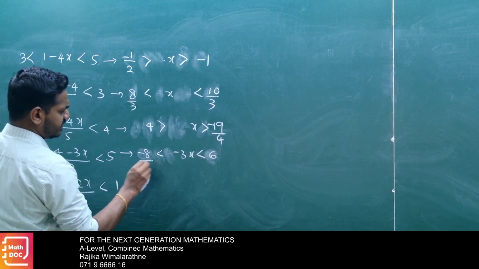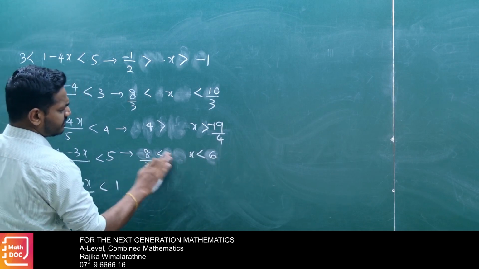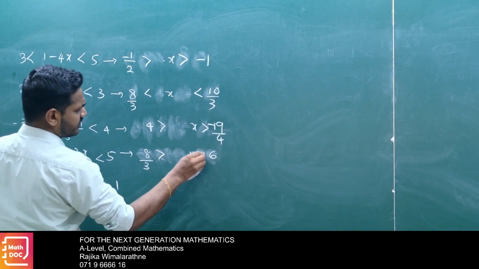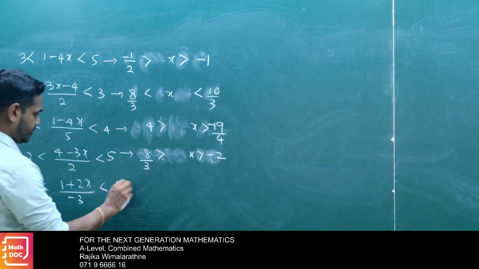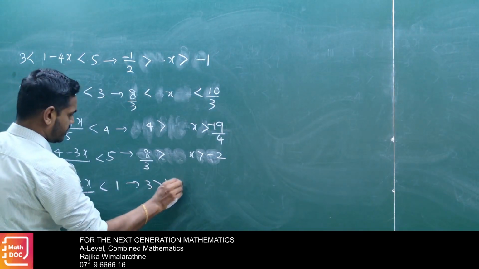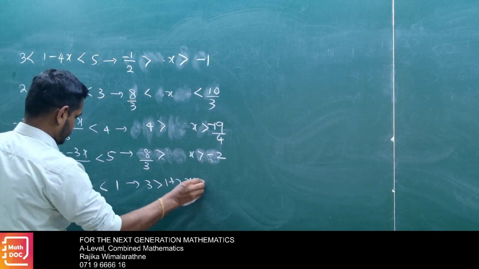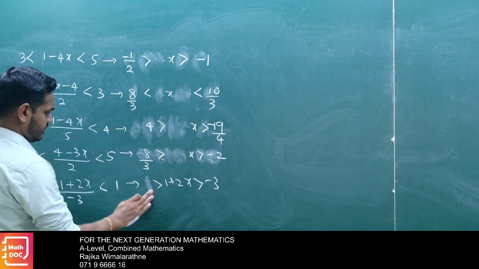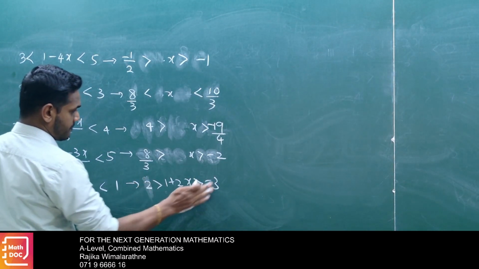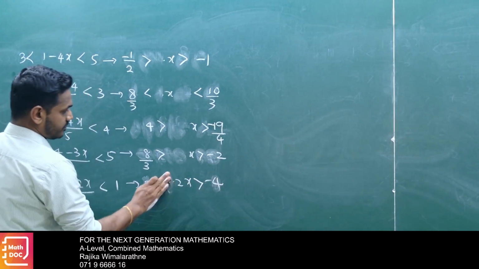Divide by -3. Multiply by -3. Reverse sign. Subtract 1. Divide by 2.